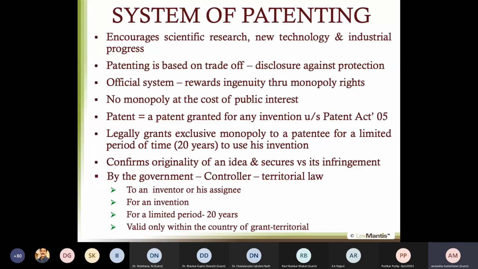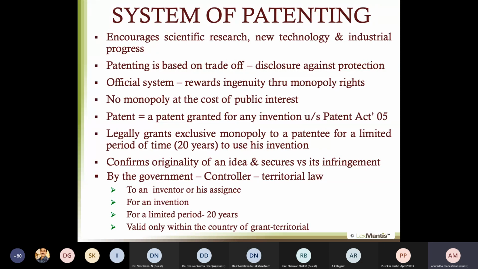Scientists and technologists, the first thing they do once they embark on their product is to get their product patented. However, governments all over the world are very clear: we grant you a patent provided you disclose the entire invention to the government. So the grant of patent is always against the disclosure of the invention.